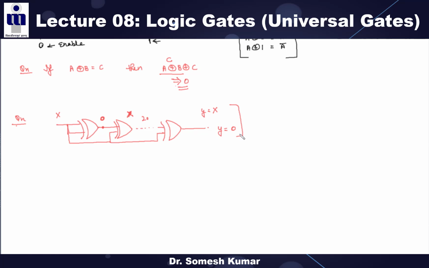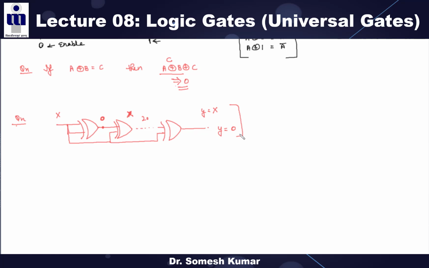So remember, if I say cascade 100 XORs like this, then after 100 XORs you will get Y equal to X. If you say after 151 stages, then it will come 0, right?